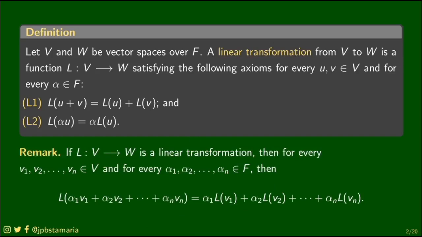Consequently, if L is a linear transformation from V to W, and if you take vectors v1, v2, up to vn from capital V, and you take scalars alpha 1, alpha 2, to alpha n, then the image of this linear combination would be the linear combination of these images.